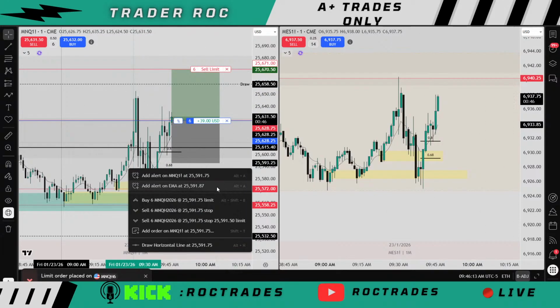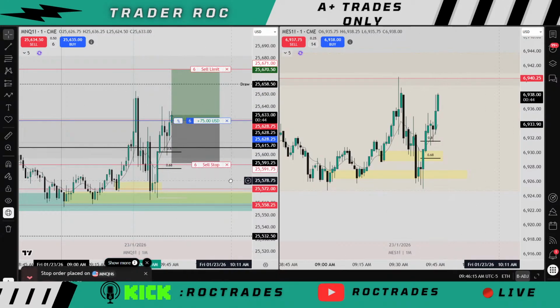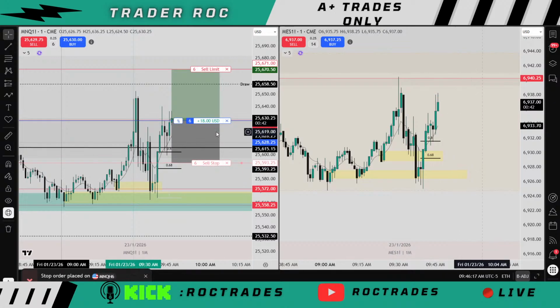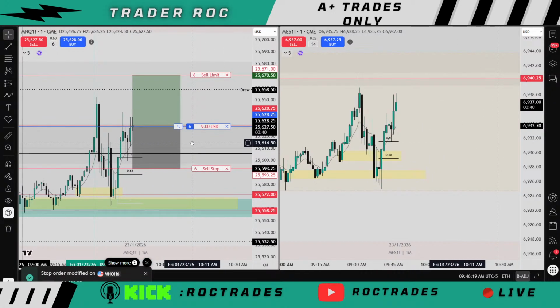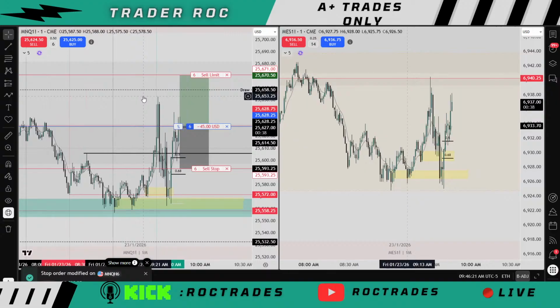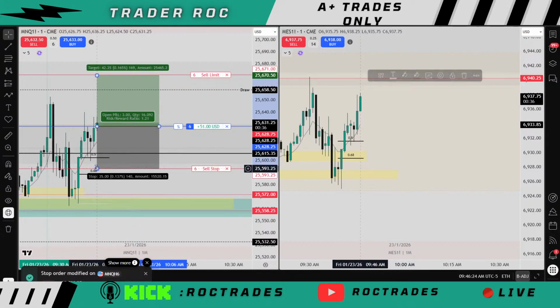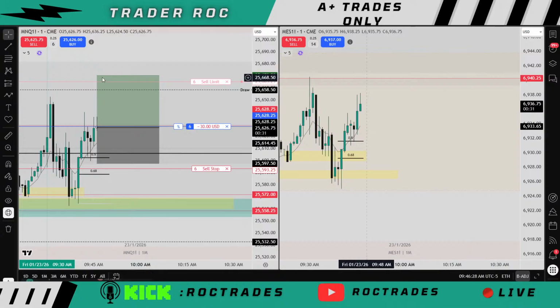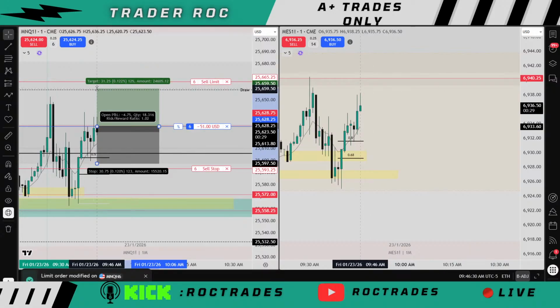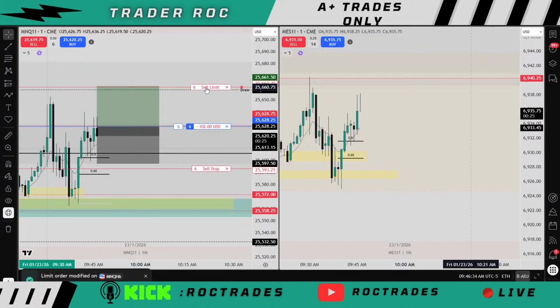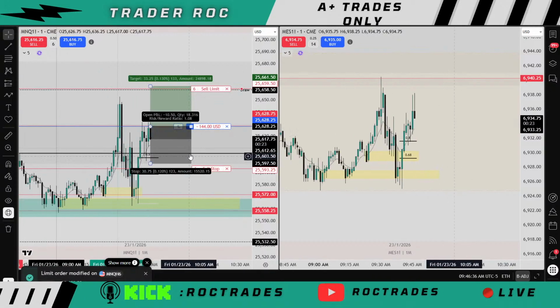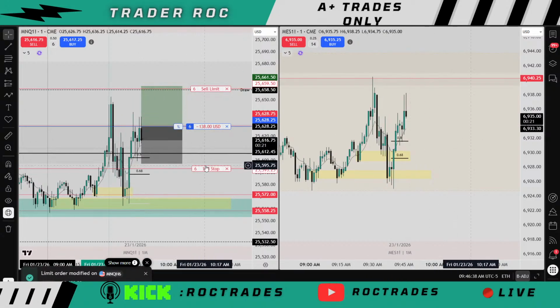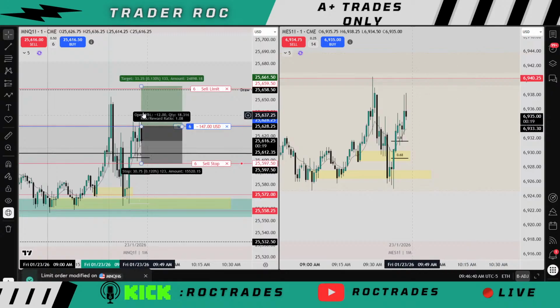And tight stop. All right, and I'm just looking for a quick scalp to these highs here. Really, I should do a tighter stop because price is really 30 points away. So yeah, I'm doing 30 point TP here. 30 for 30. Put this a little bit tighter.